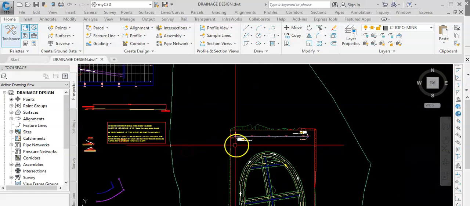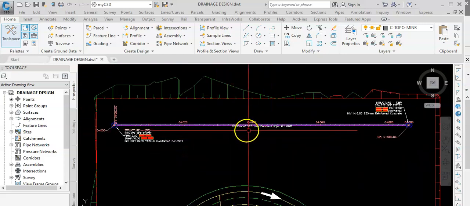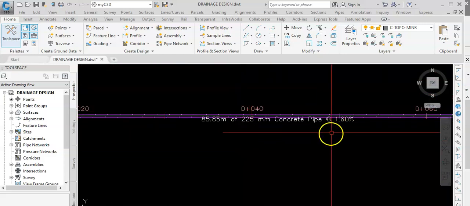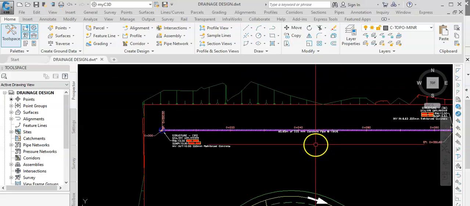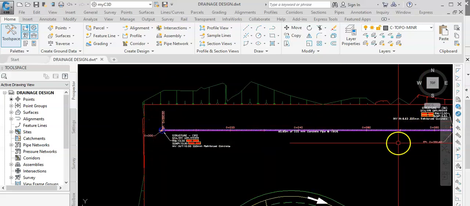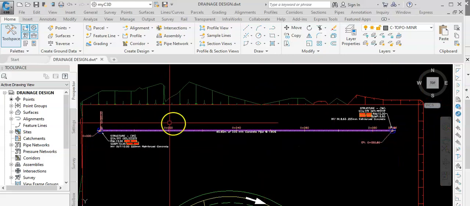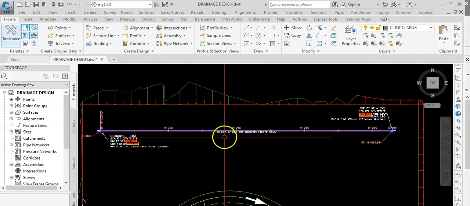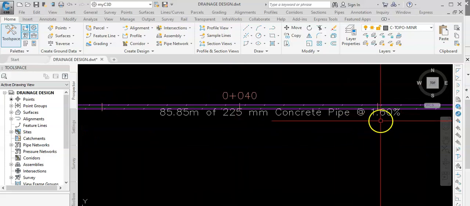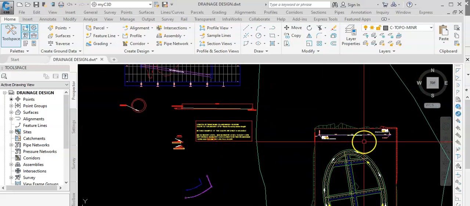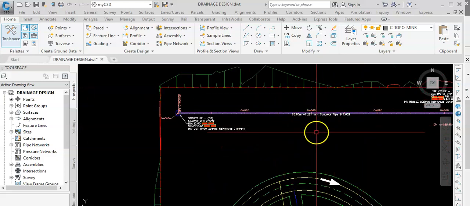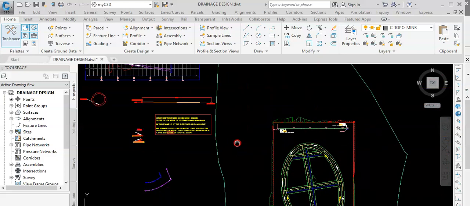So if you're not given the gradient, the fall, we can work it out by dividing the difference in height between the two manholes over the distance between them. You will get the gradient. How can we use this gradient in our calculations?